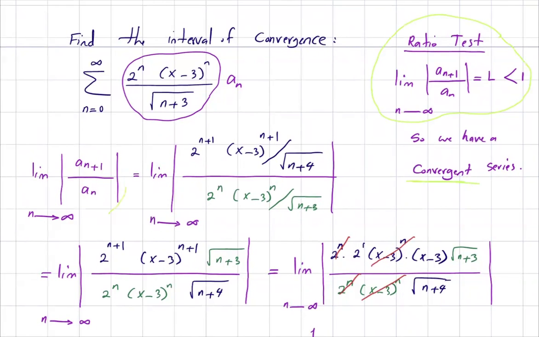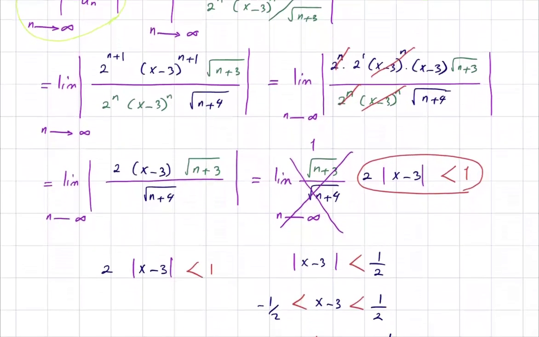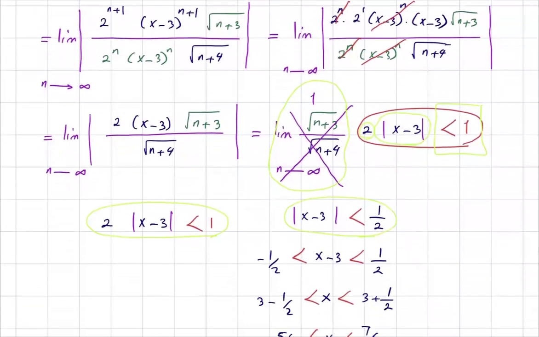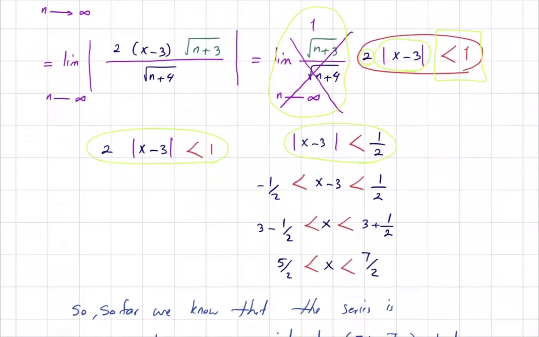So if you form the limit of an plus 1 over an and simplify this further, you end up with the limit of square root of n+3 divided by square root of n+4, which is 1, times 2 times absolute value of x minus 3. All must be less than 1. So 2 times absolute value of x minus 3 must be less than 1, or absolute value of x minus 3 must be less than a half, or x is bounded between 5/2 and 7/2.